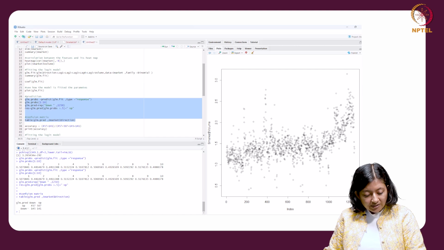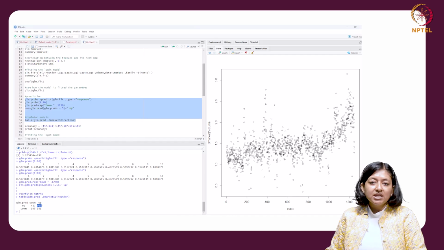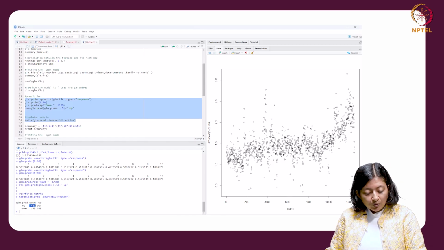So here you can see there are 145 downs which have been predicted as downs. So these are our true negatives. Similarly, 507 ups have been predicted as ups, and these are our true positives. However, we have the false negatives and also the false positives.